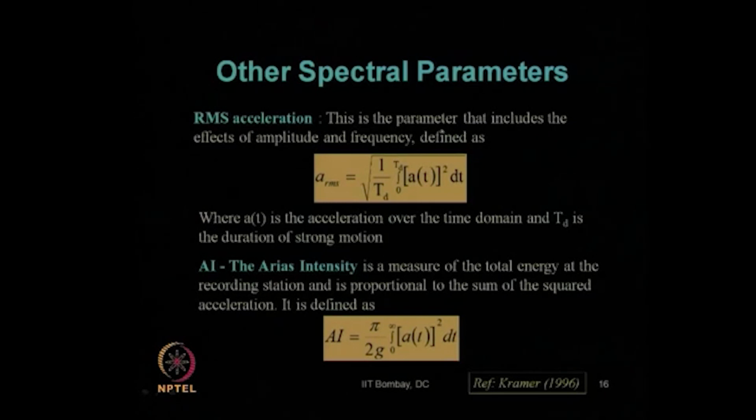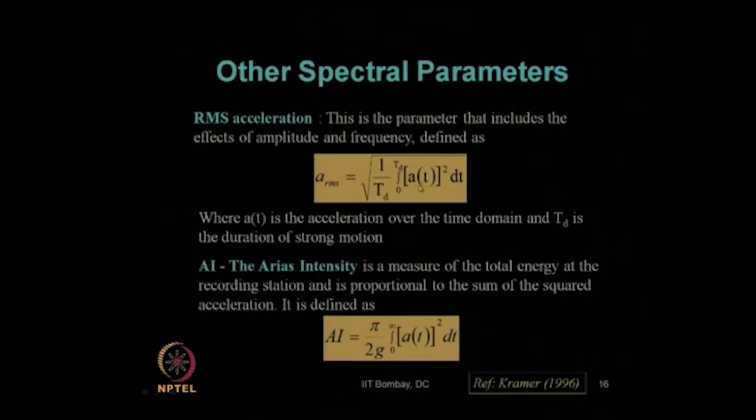This is the parameter that includes the effects of amplitude as well as frequency. It is expressed in this form: A of RMS equals root over 1 by T d, integrate 0 to T d, A of t whole square times d t.